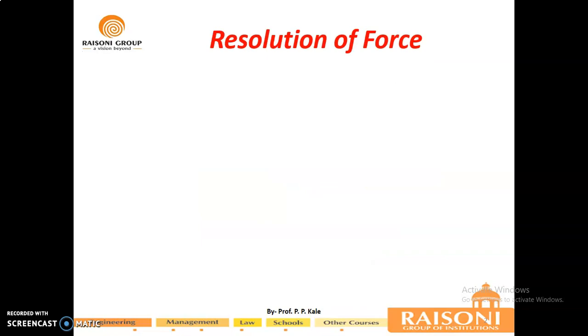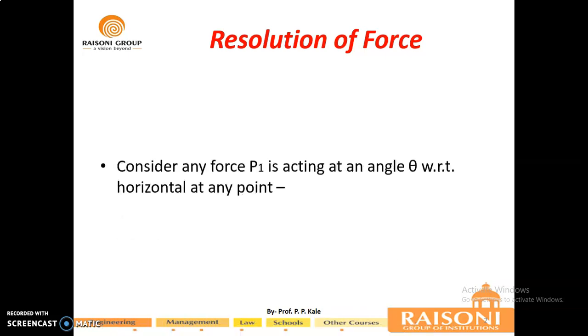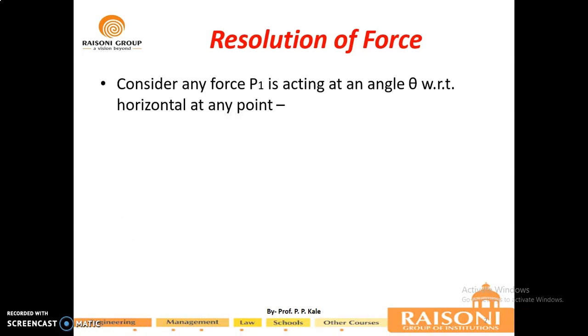Resolution means to represent the given force into two mutually perpendicular components. So for that, consider any force P1 which is acting at an angle theta with respect to horizontal at any point. This is your P1 and it is inclined at theta degree with respect to horizontal.